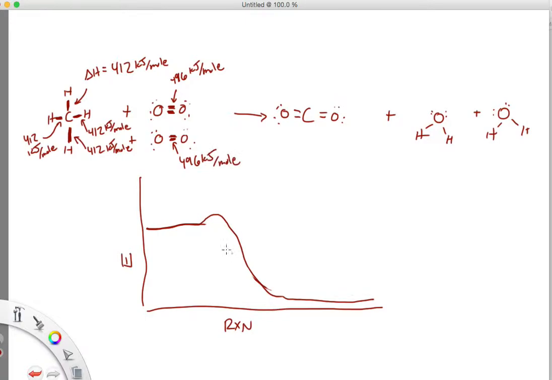If we look at all the energies it requires to break these over here, and we do the same thing over here and look at all the bonds on this side, if we compare the two sums, the energy required to break all of these bonds and the energy required to break all of those bonds, we would see that it requires a lot more energy to break all of these bonds over here.